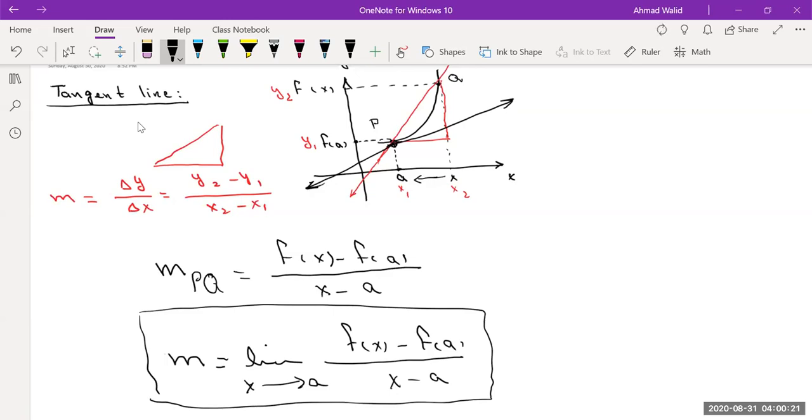If someone gives you a point on a curve and asks you to find the slope and write the equation for the tangent line, this is the formula to find the slope. And of course, to write the equation for the tangent line, we always use y minus y1 equals m times x minus x1, your point-slope formula, correct? It's that easy.